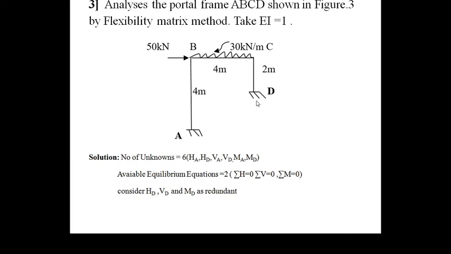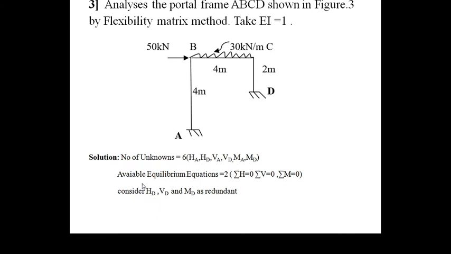Excessive 6 unknowns for this frame. But how many do we know? Sigma H, sigma V and sigma M. These three equations are known. Number of unknowns is equal to 6. What are those? HA, HD, VA, VD, MA, MD, at the supports A and D.